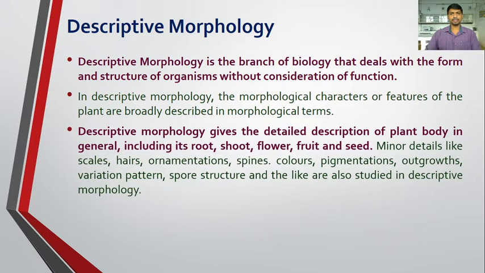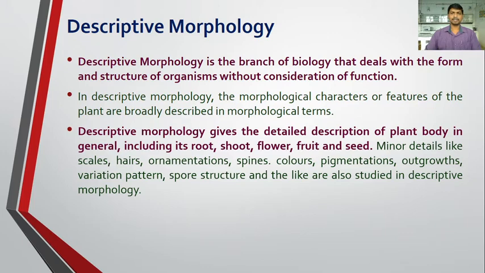Descriptive morphology gives the detailed description of the plant body in general, including its root, shoot, flower, fruit and seed. Minor details like scales, hairs, ornamentations, spines, colors, pigmentations, outgrowths, variation pattern and spore structure are also studied in descriptive morphology.